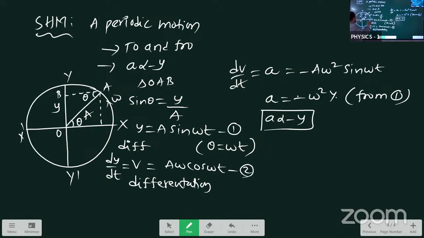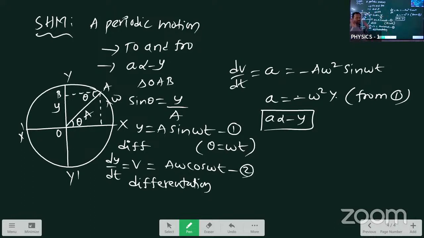Here the matter: a particle moving with angular velocity omega, XO, X dash, YO, Y dash are the diameters, and that particle makes angle theta, let the particle be at point A. For our convenience we write the matter, and when we write the matter, the answer size automatically increases. So, this is the main derivation part from SHM.